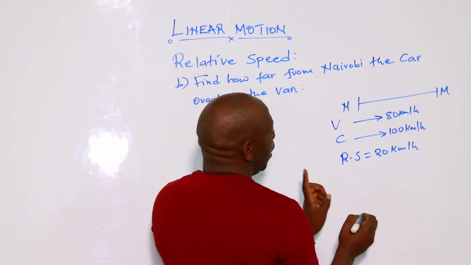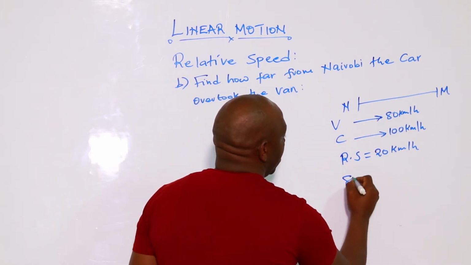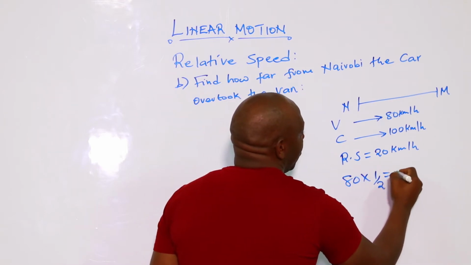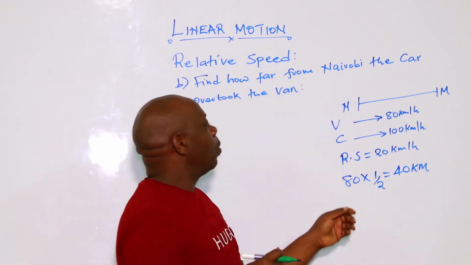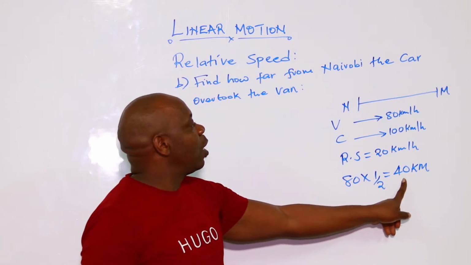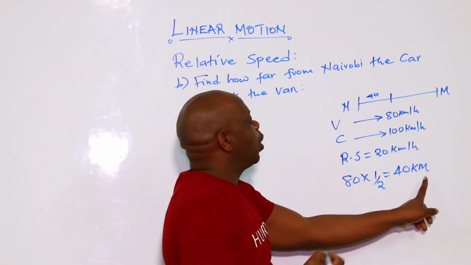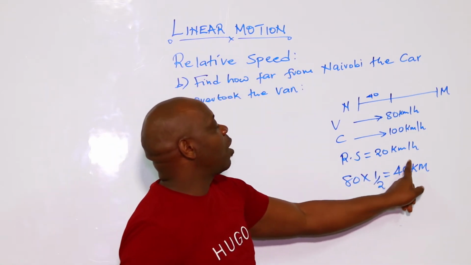So in half an hour, it had covered 80 kilometers times a half. It had covered 40 kilometers. So this car needs to cover a distance of 40 kilometers at a relative speed of 20 kilometers per hour.